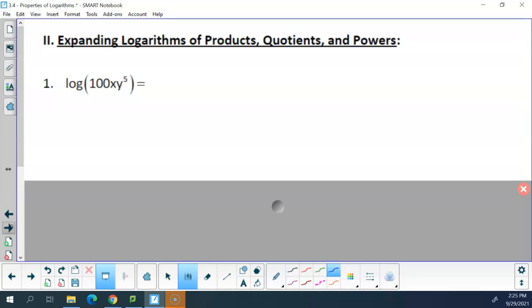So we are going to be expanding here first in the first 4. When we are expanding, we're going to take all of the things that are multiplied together. So in my brain here, I'm saying to myself, this is 100 times x times y to the 5th power.